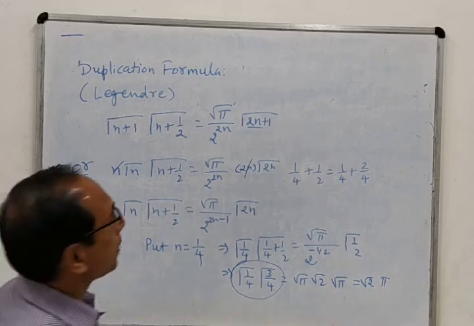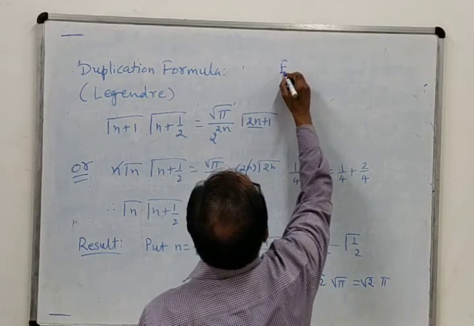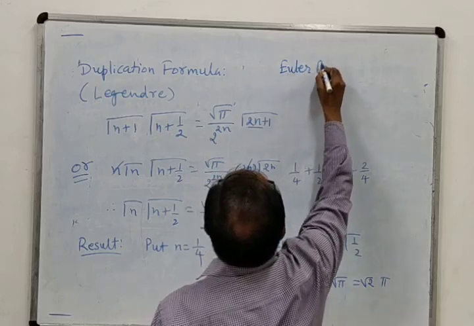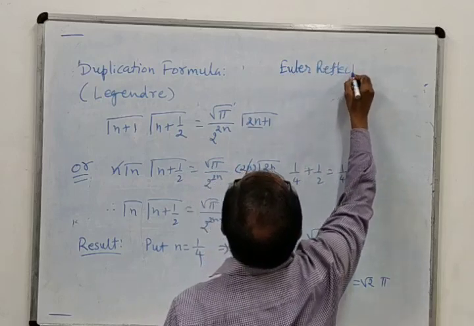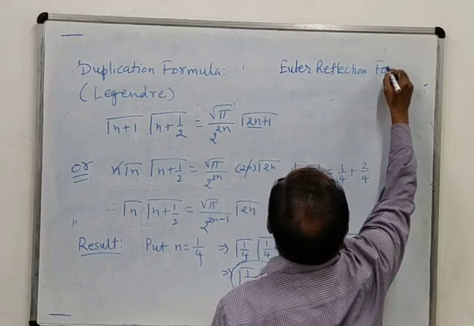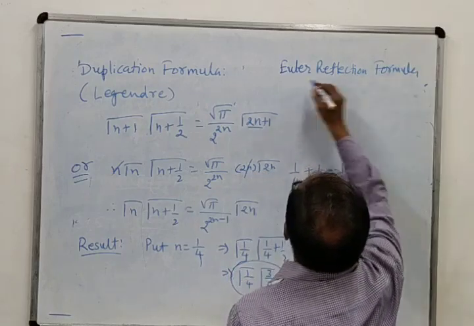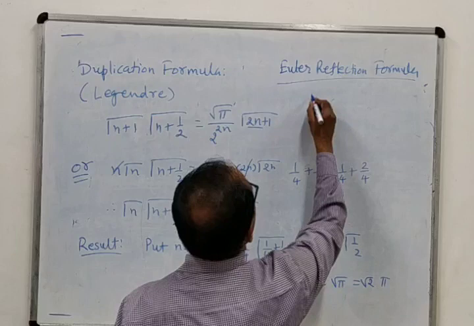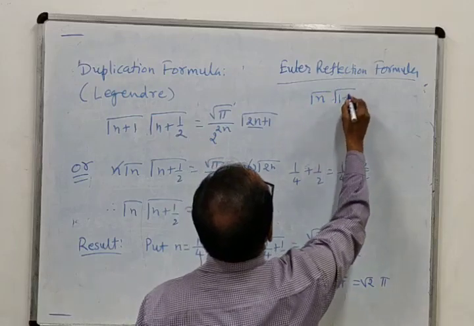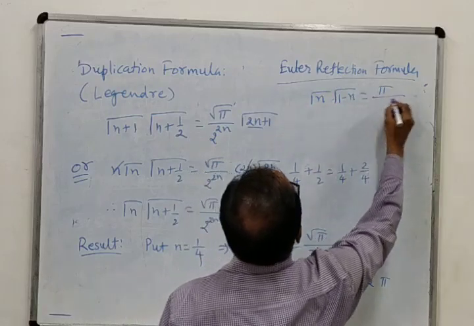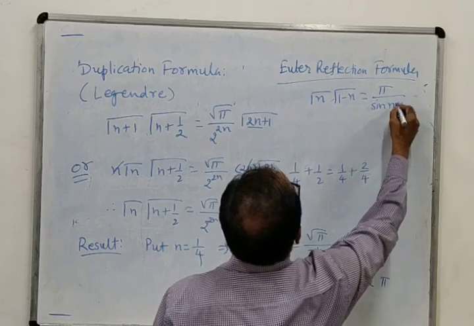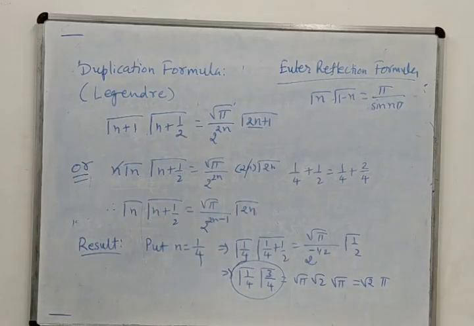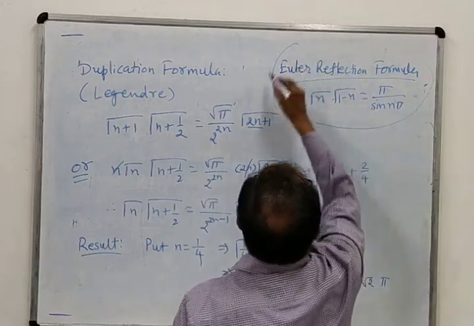Then we will see Euler reflection formula. Simply you will have to remember this. If you don't remember this, then also no problem because it has very little chance to come in the examination. And without proof, we will write down only gamma n into gamma 1 minus n equal to pi upon sine n pi. This is known as Euler reflection formula. So you remember this formula.